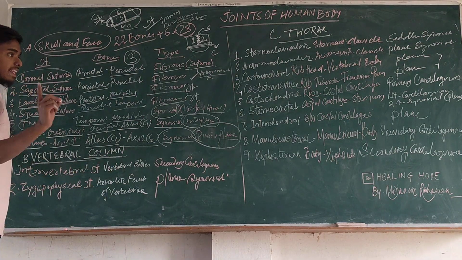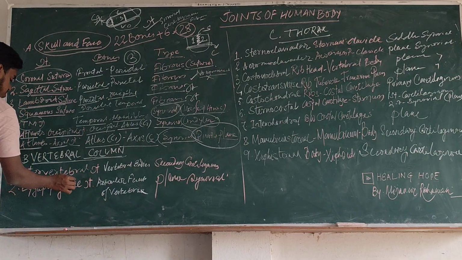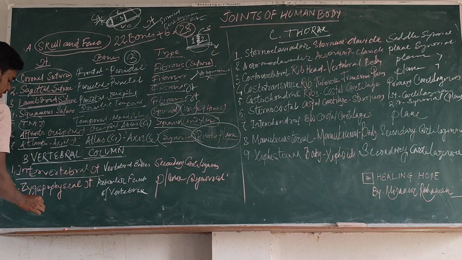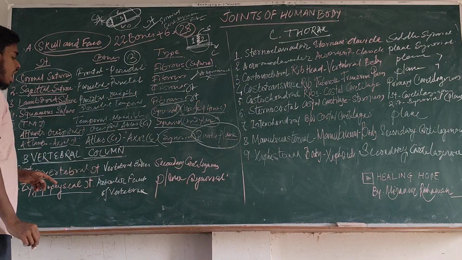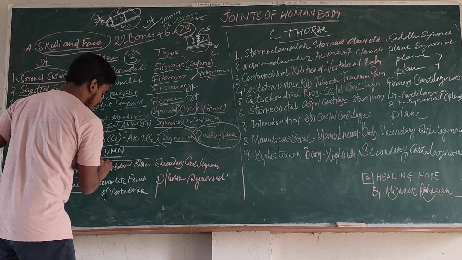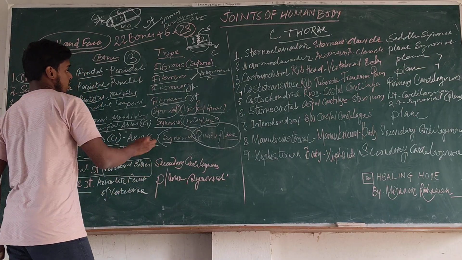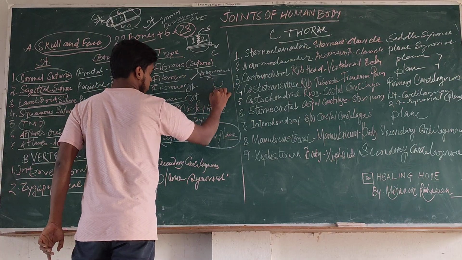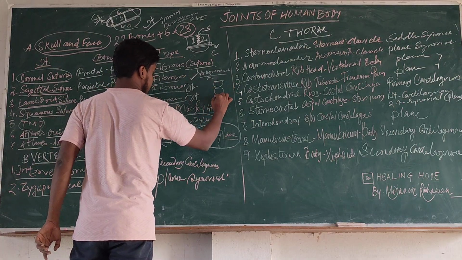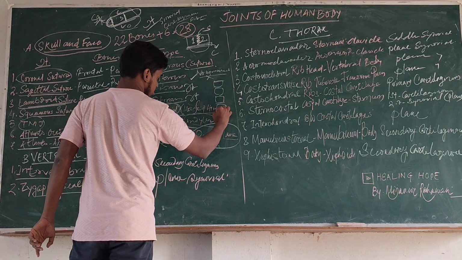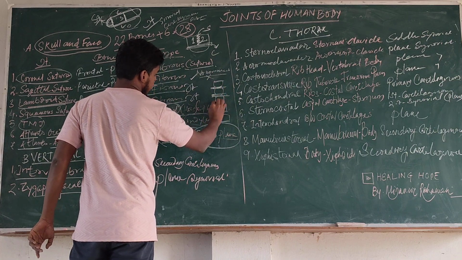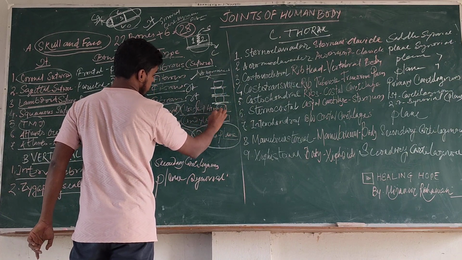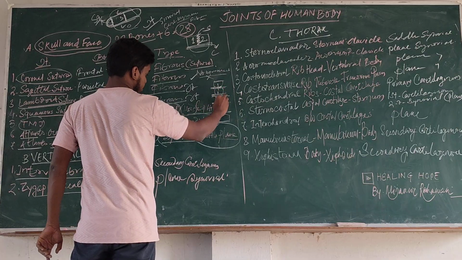Then the vertebral column. Vertebral column has mainly two types of joint. One is intervertebral joint and one is zygapophyseal joint. The intervertebral joints are formed by the vertebral bodies. Vertebral column is stacked like this. And these are the types of intervertebral joint between two vertebrae.